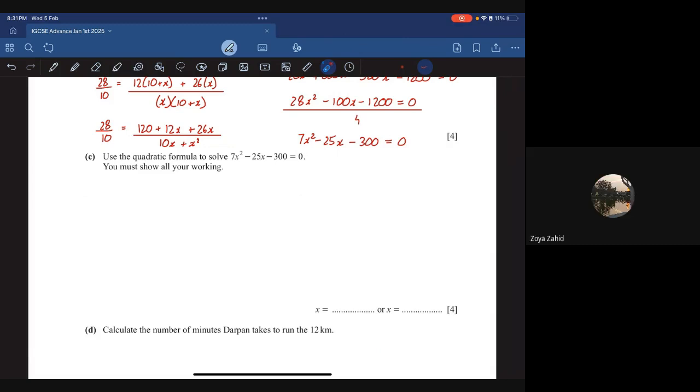Do I tell the final answer or how I did it? Tell us how you did it. Actually, you can tell us the final answer because it's a quadratic formula, right? So my quadratic formula is minus b plus minus the square root of b squared minus 4ac, over 2a.